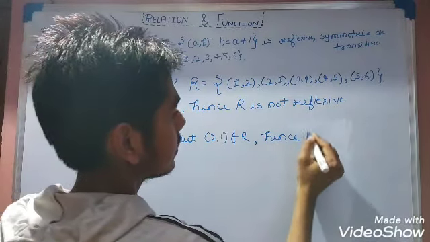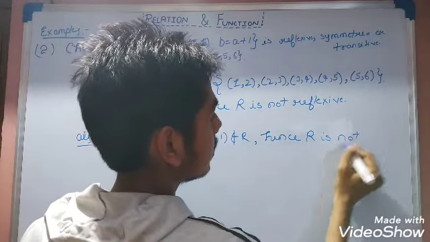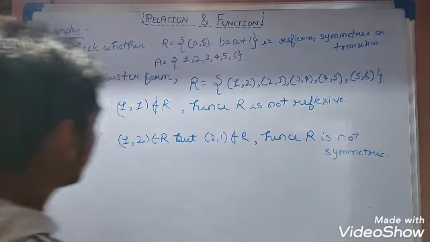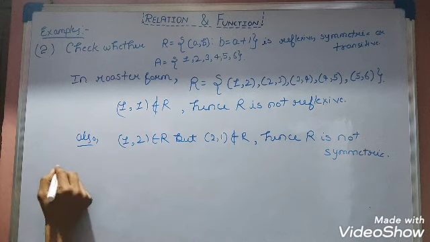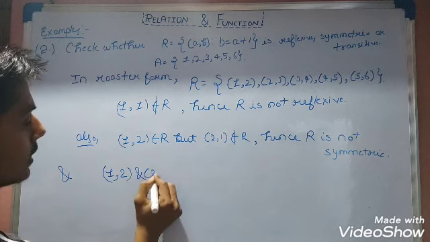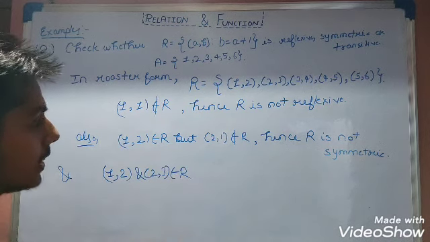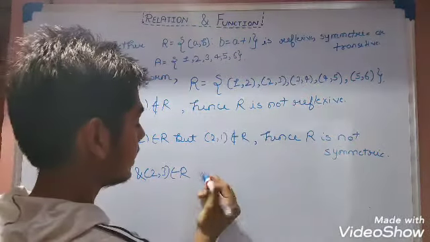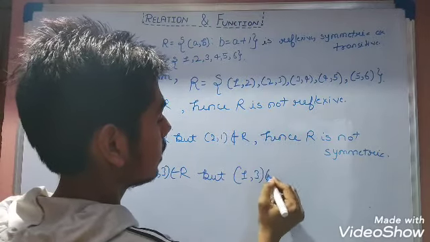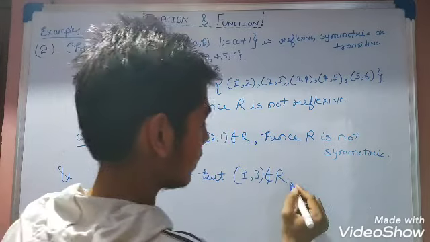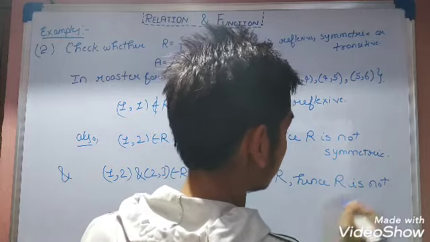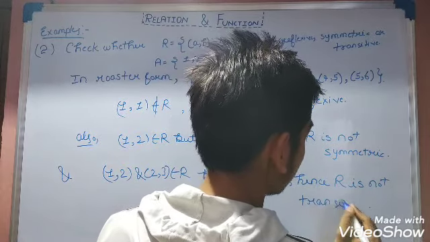Hence R is not symmetric. And here also (1, 2) and (2, 3) belong to the relation set, but (1, 3) does not belong to the relation set, hence R is not transitive.